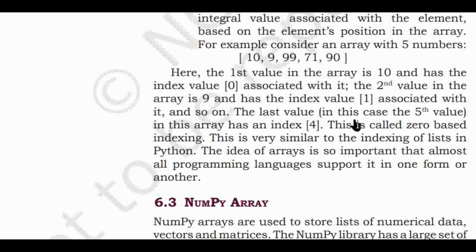The last value, in this case the fifth value in this array, has an index 4. This is called zero based indexing. This is very similar to the indexing of list. In Python, the idea of arrays is so important that almost all programming languages support it in one form or another.